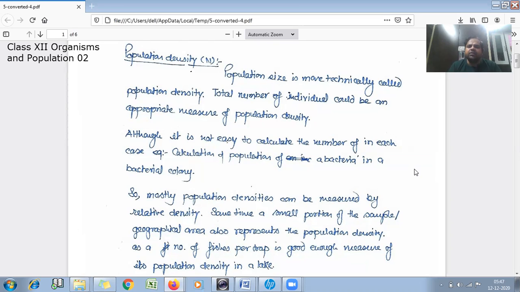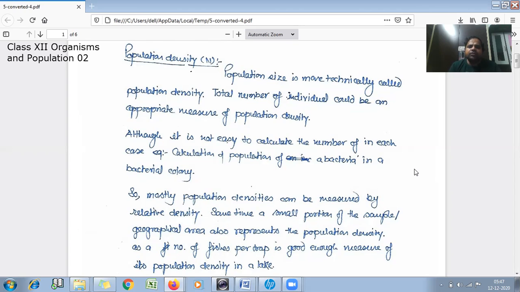So here, mostly the population densities are represented in a relative manner, such as we can say that this plate has more bacterial density as compared to this one. Sometimes a small portion or sample of the geographical area also represents the population density.